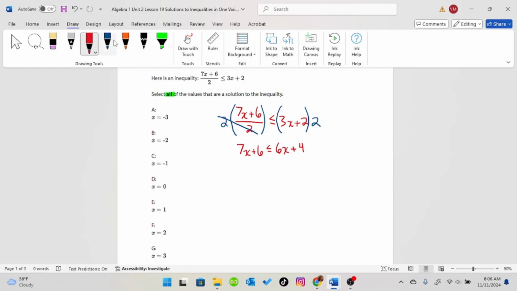Now, I want to try and keep a positive x, so I am going to subtract the smaller x from both sides. So I'll subtract 6x from both sides to keep it equal, and 7x minus 6x leaves me x.